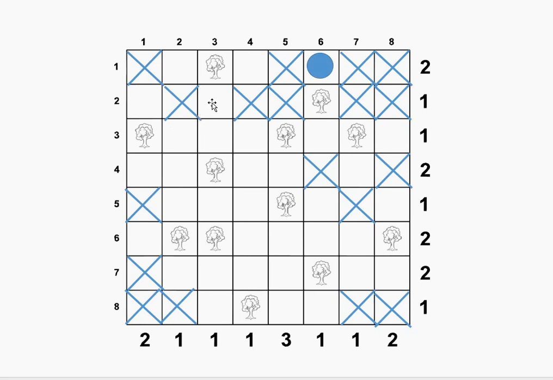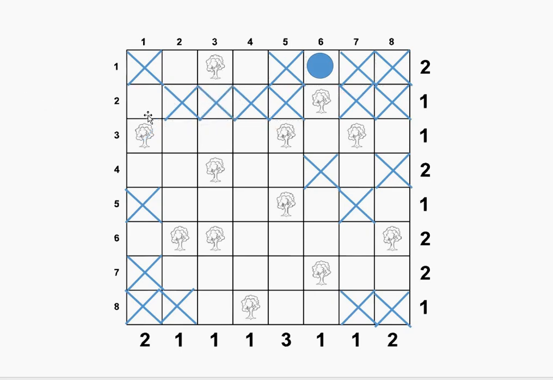If a tent would be here, there would be no possibility to have tents here and here. And this would lead to the situation that there is no way for this row to have 2 tents. The consequence is that here in this cell there cannot be a tent.